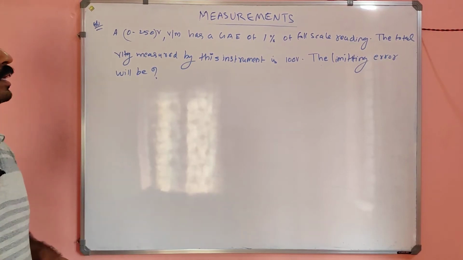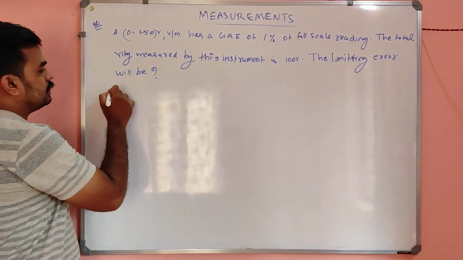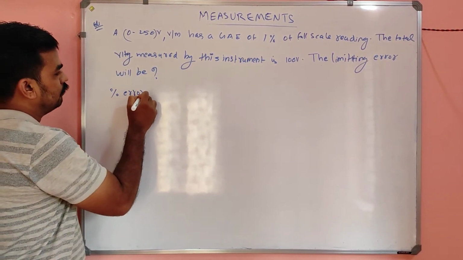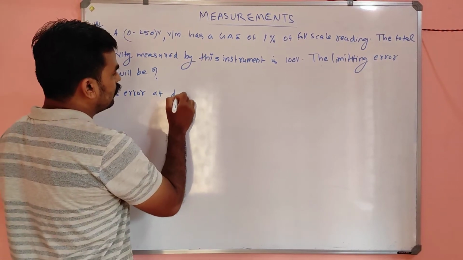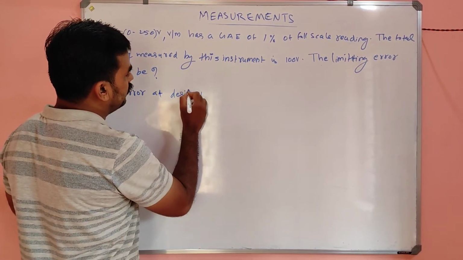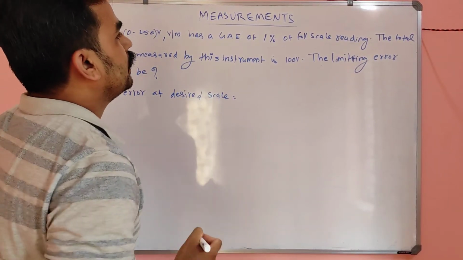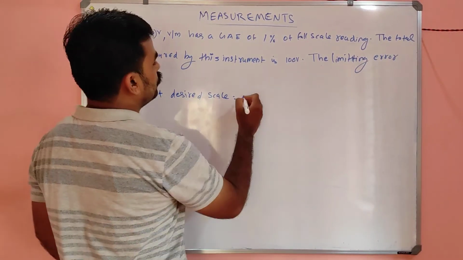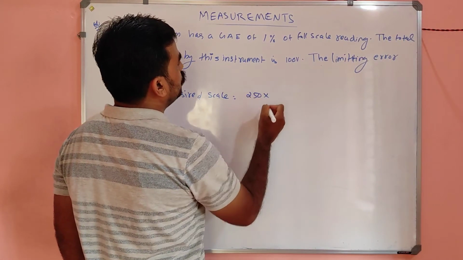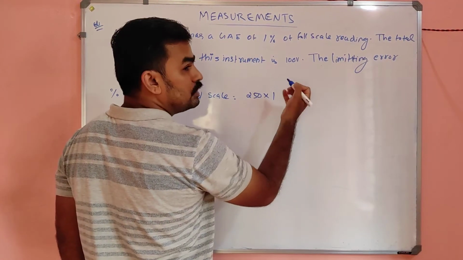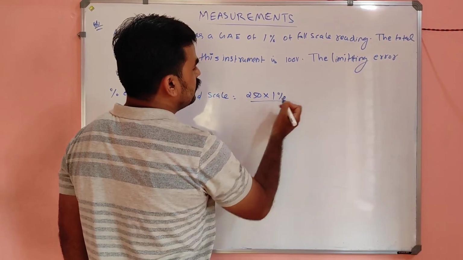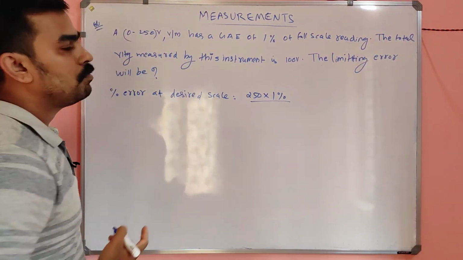So same equation you can use here. What is that? Percentage error at desired scale is equal to full scale reading. What is the full scale reading, my dear? 250 volt into what is the guaranteed accuracy error? Full scale error 1% divided by at what voltage we have to find?